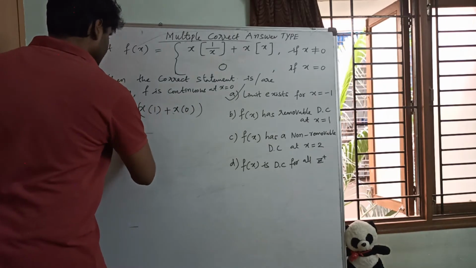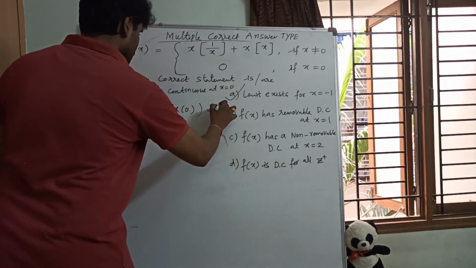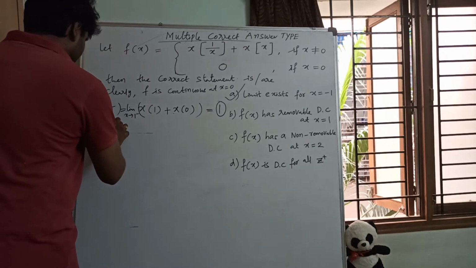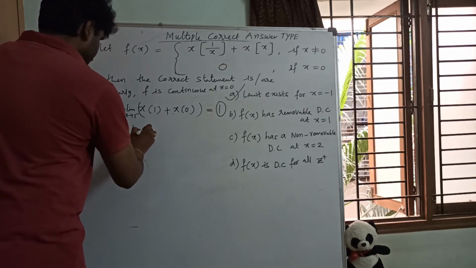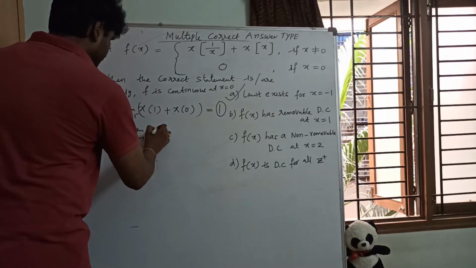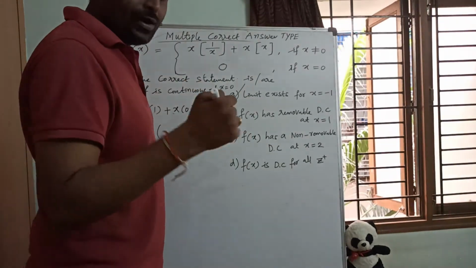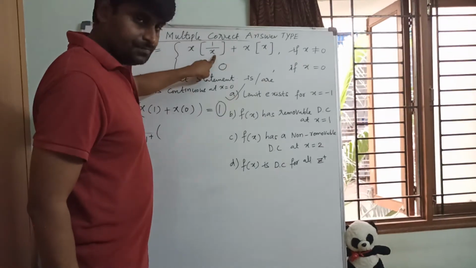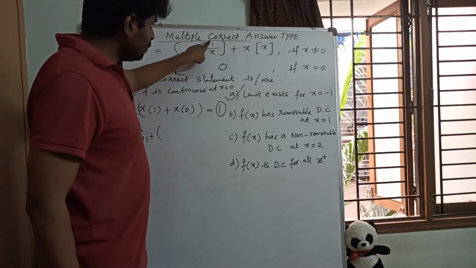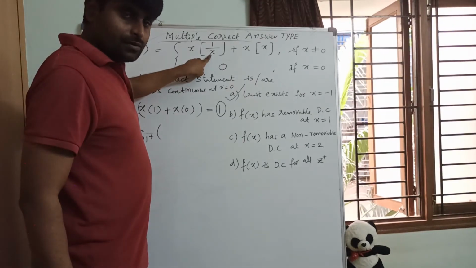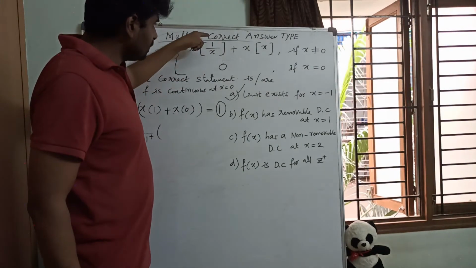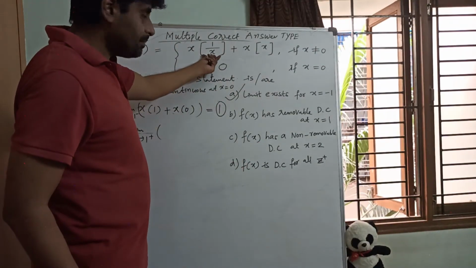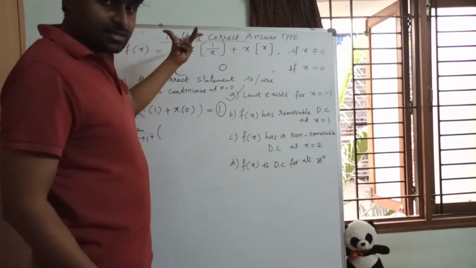So what is the result here? 1, right? And what about RHL here? F of 1 plus. Okay, so be careful. Limit x tends to 1 plus. 1 plus means 1.2, 1.3 like that. If I substitute 1.2, 1 by 1.2, 1.2 means 12 by 10, 10 goes up, so 10 by 12, that is 0 point change. 0 point change, step 0. 0 into this one, 0.